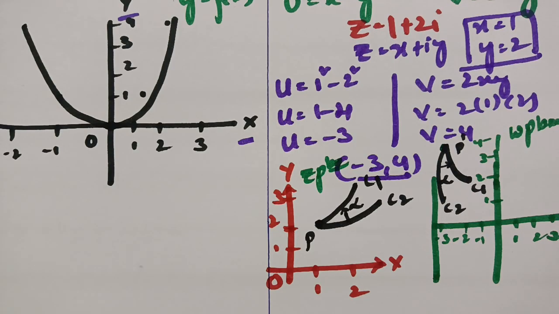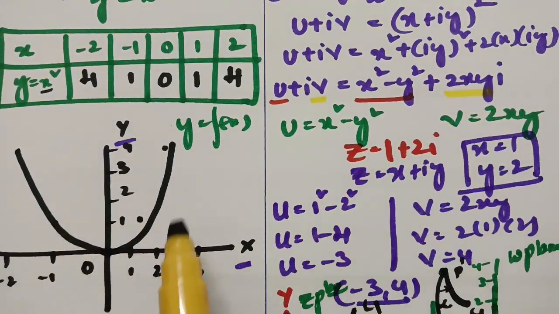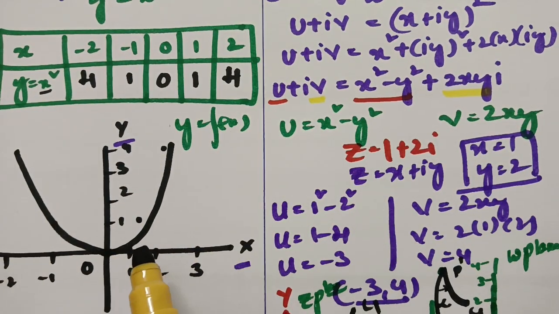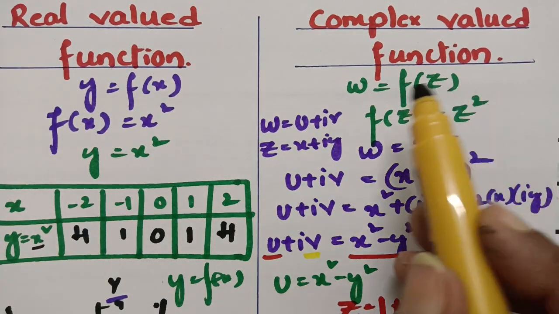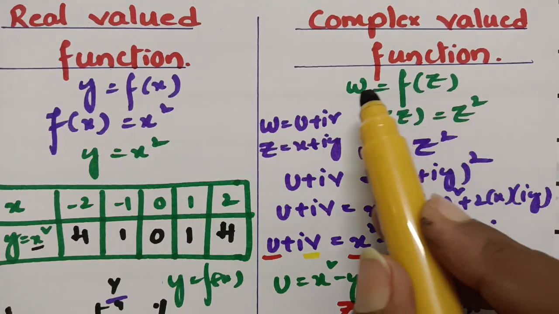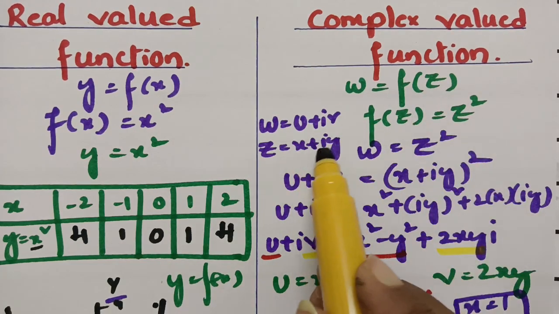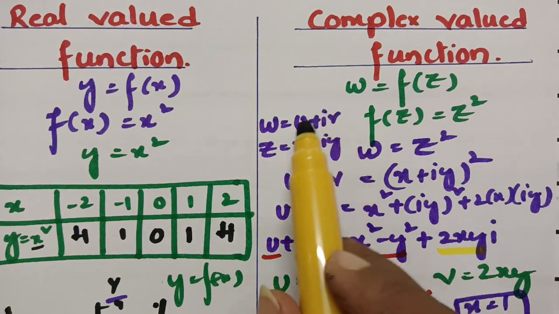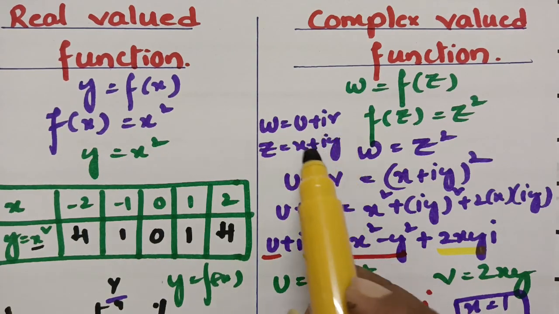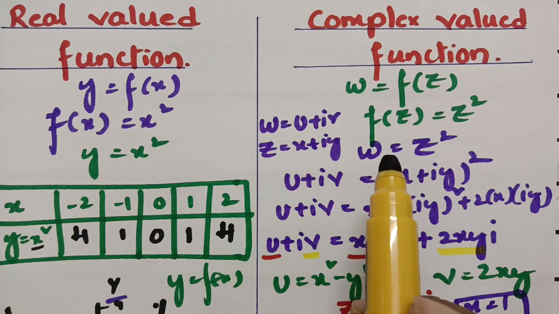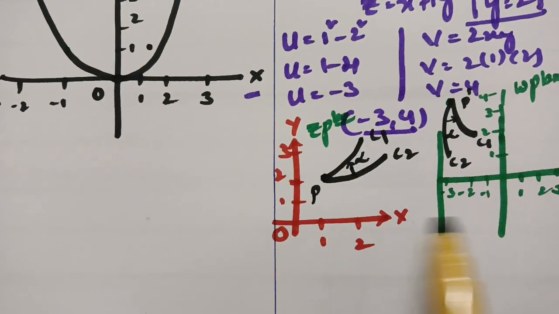So first of all, we have to understand that a real valued function is a graphical representation in XY plane, so it is a two-dimensional graph. Whereas in a complex valued function, there are two variables, W as well as Z. W is represented in terms of UV and Z is represented in terms of XY, and there are altogether four variables, that is U, V, X, Y. In order to represent all four variables, there is no four-dimensional graph, and therefore we have to use two graphs.